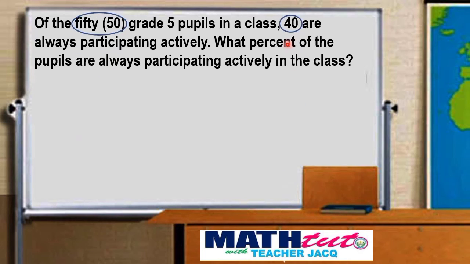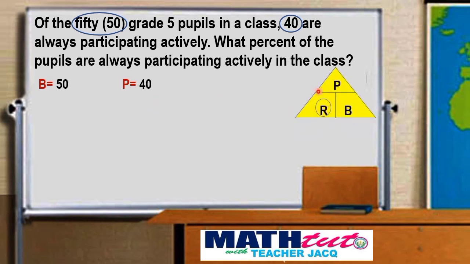So, lagi lang nating tatandaan na laging mas mataas ang value ni base kaysa kay percentage. Dahil si base, iyon yung totality, and then yung percentage, iyon yung part or portion ng total. So, ang ating base ay 50 at ang ating percentage ay 40. And then the rate is missing.